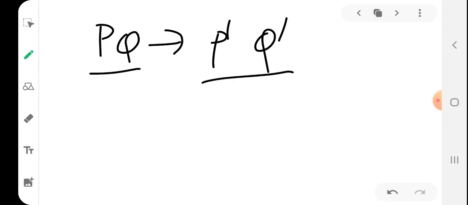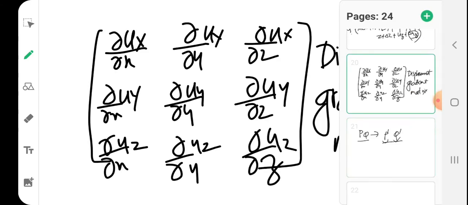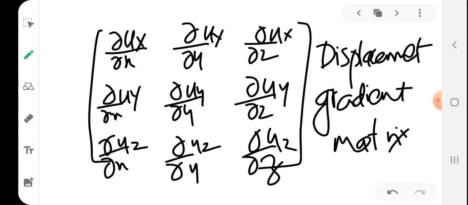In order to find P dash, it can be easily found. But if you have to find Q dash, you need the values when you differentiate dou by dou x of ux, dou by dou y of ux, dou by dou z of ux. So this matrix is very important in finding Q dash. So this matrix is therefore known as the displacement gradient matrix.